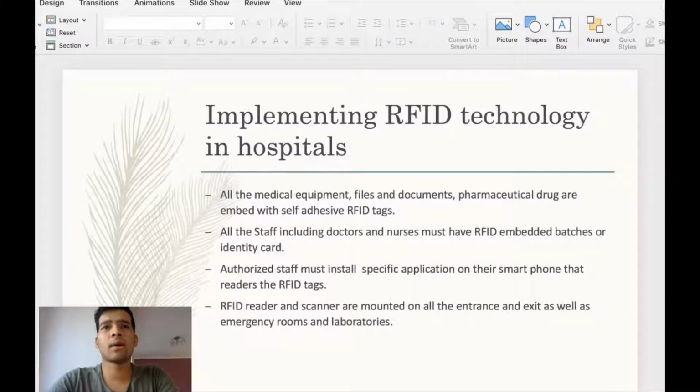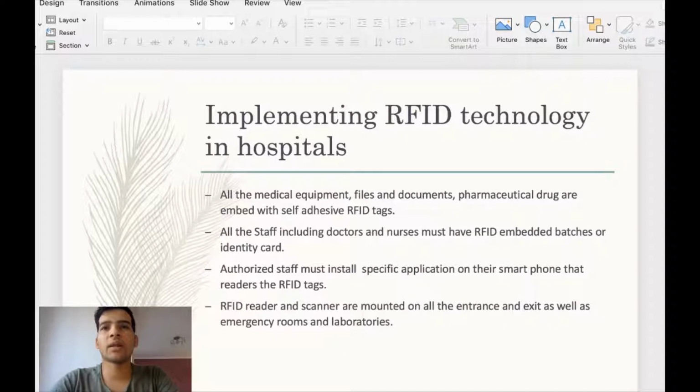Every patient must have an RFID embedded wristband that stores patient information such as patient ID, name, digital photo, regular medical history, etc. And this information must be provided at the time of admission and must be stored inside the RFID tag during the admission period.